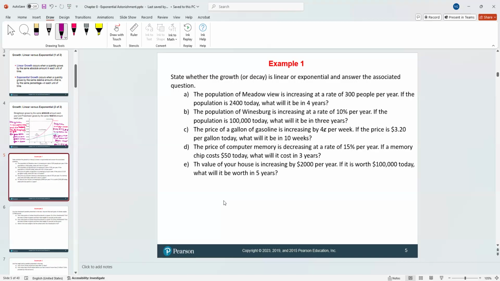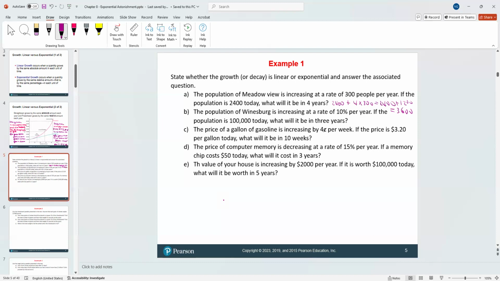If you add 300 people per year, so it's 2,400, the initial population, plus after 4 years, four times 300. You can do it this way. That gives you 2,400 plus four times 300, which is 1,200. So that would give you a total for A, okay?